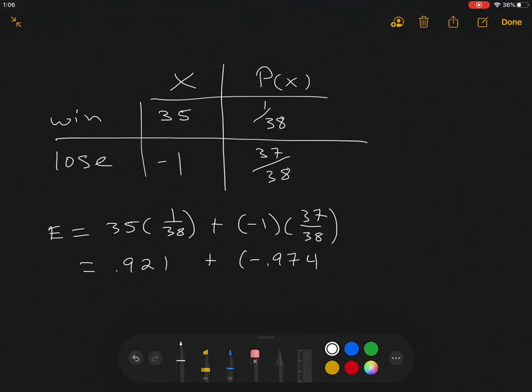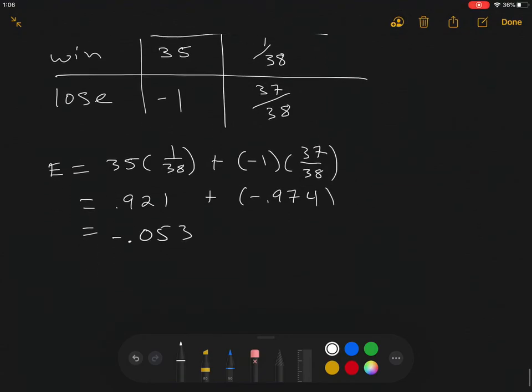And if you add these two together, you have 0.921 minus 0.974. You get negative 0.053, like that. So that's your expected value.